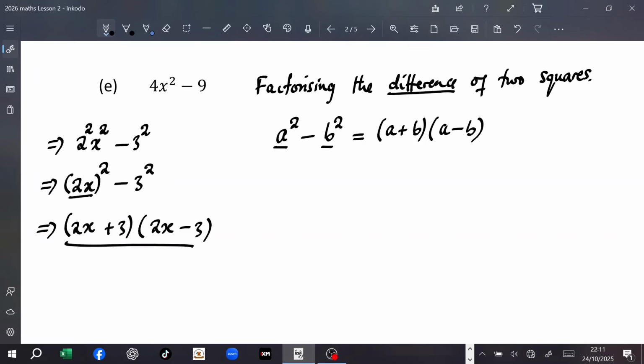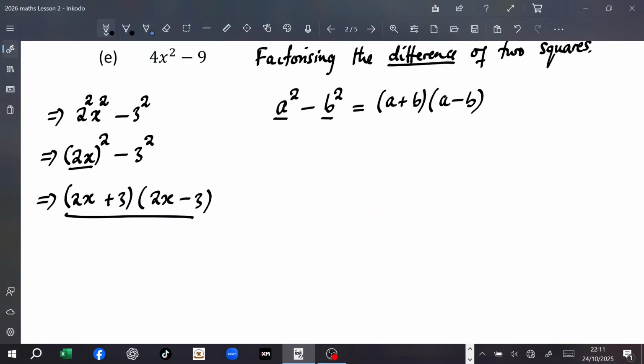Another way you can factor it out is this way. You have the same 4x to power 2 minus 9, right? Now you don't know what is common here. So we'll do the same: 2 to power 2, x to power 2, minus 3 to power 2.